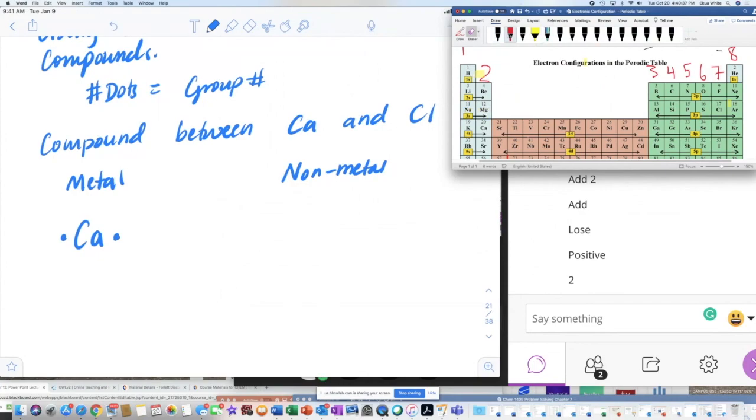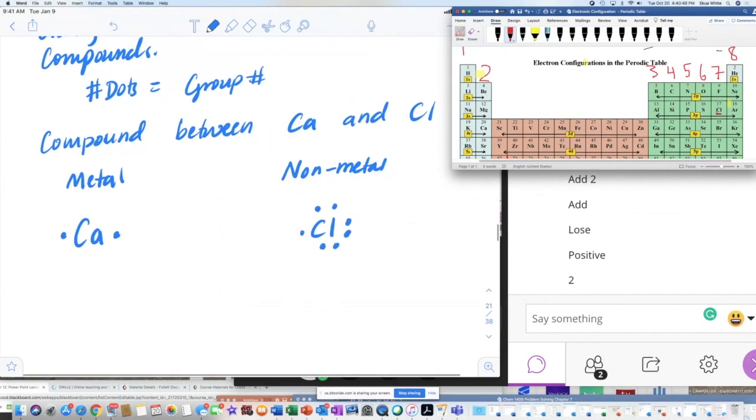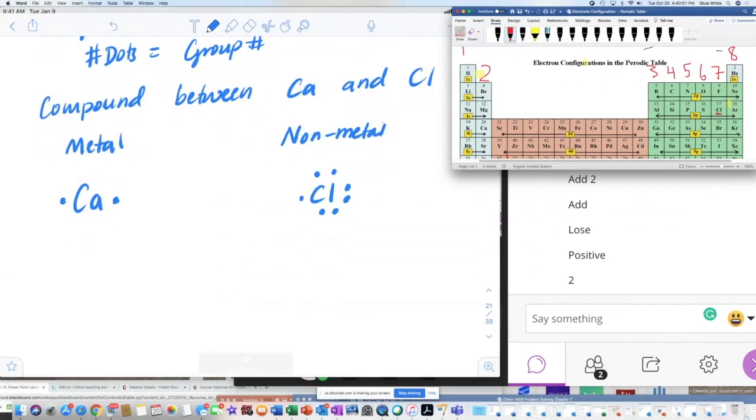And chlorine is in group 7. So I'm going to draw 7 dots: 1, 2, 3, 4, 5, 6, 7. Okay. So you know that metals lose, right? And then non-metals gain. This is our clue here.